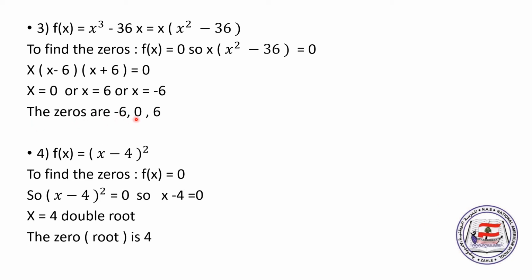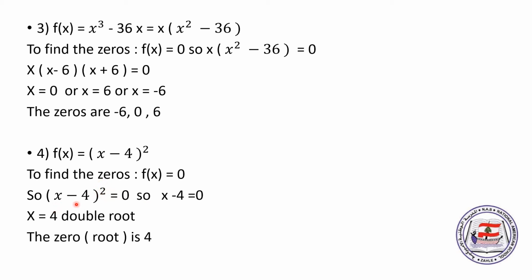-6, 0, and 6. For the polynomial of number 4, f of x is equal to x minus 4 squared. It's a second degree polynomial. It's given in the factorized form, so we can directly write f of x equal to 0 in order to find its roots. x minus 4 squared is equal to 0, so it's a double root or double factor expression.